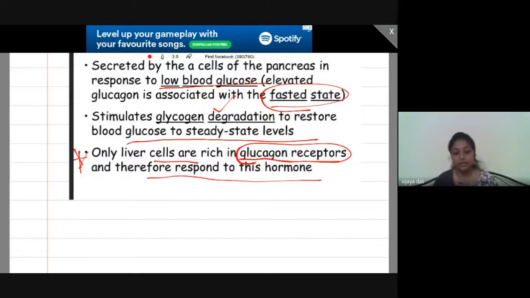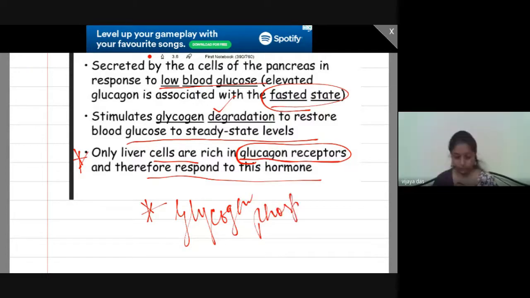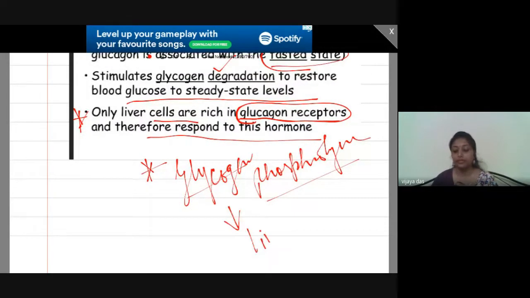That is one reason. What is the other reason? कि ग्लाइकोजन ब्रेक डाउन कराने के लिए which enzyme was needed in order to break down the glycogen? बोलो. Glycogen phosphorylase. Remember, this glycogen phosphorylase is present in the liver cells only. ये liver cells में ही होता है, muscle के पास नहीं होता है.